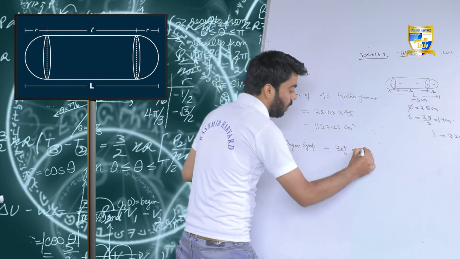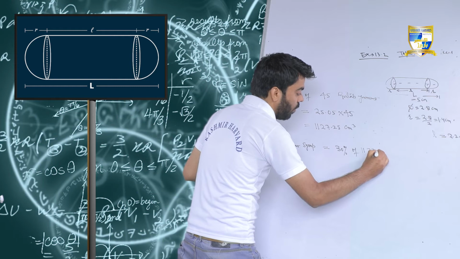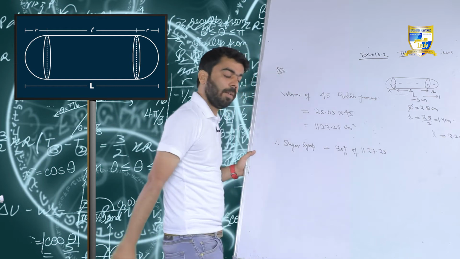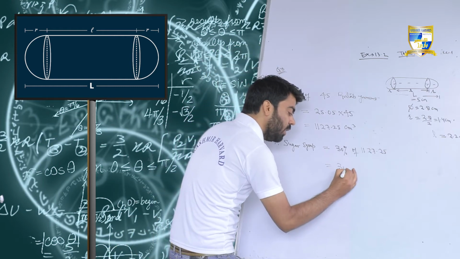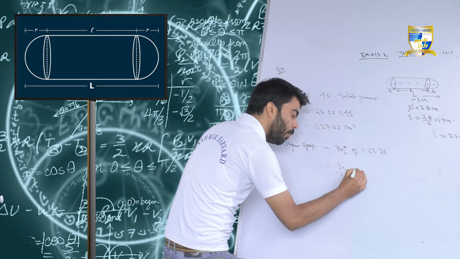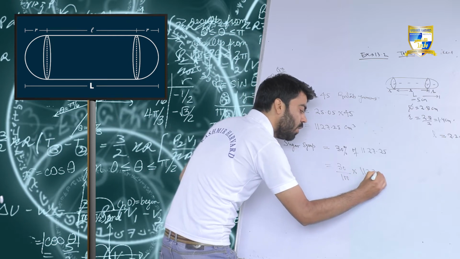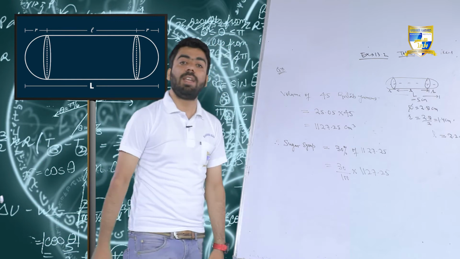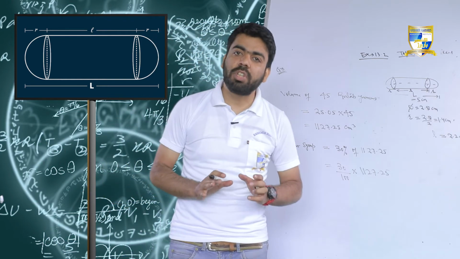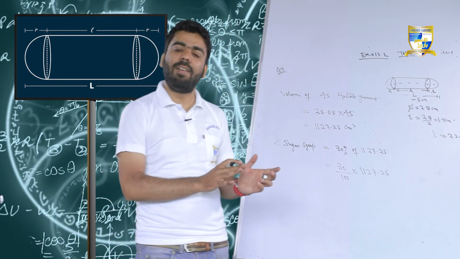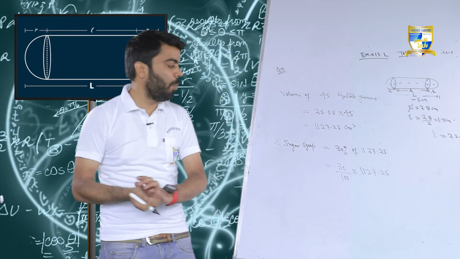That is 30 divided by 100 multiplied by 1127.25.